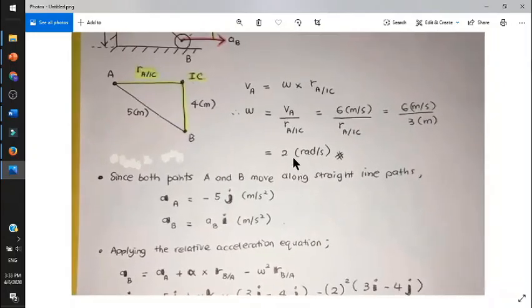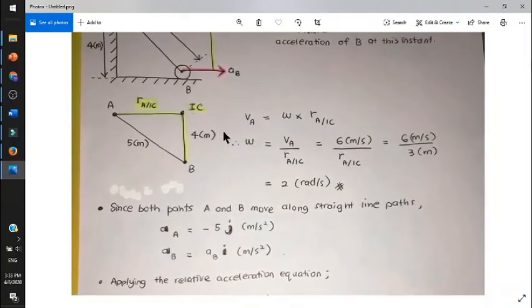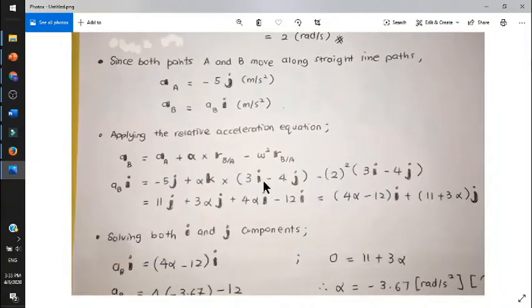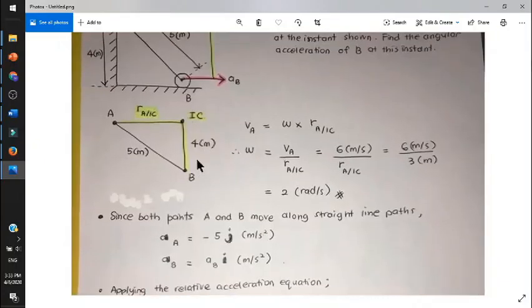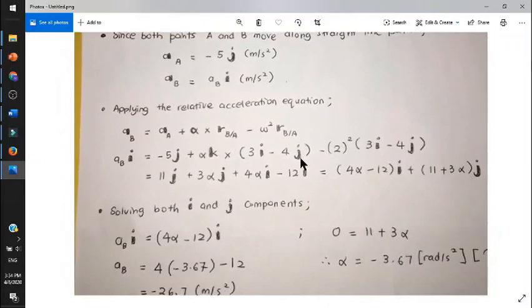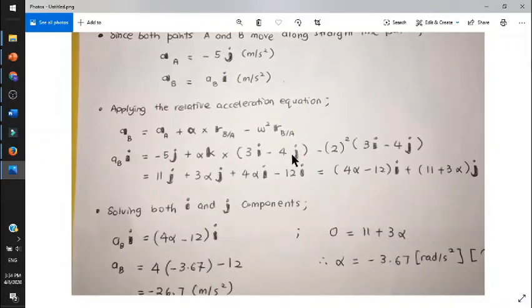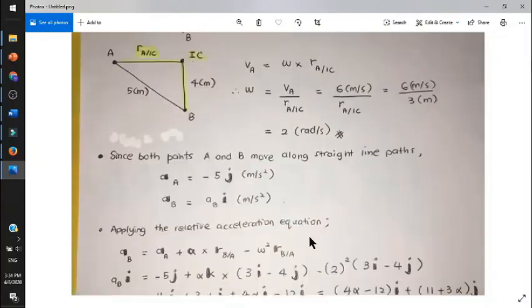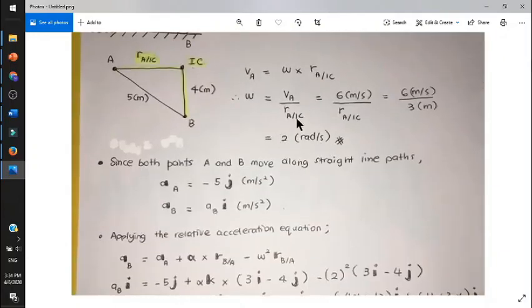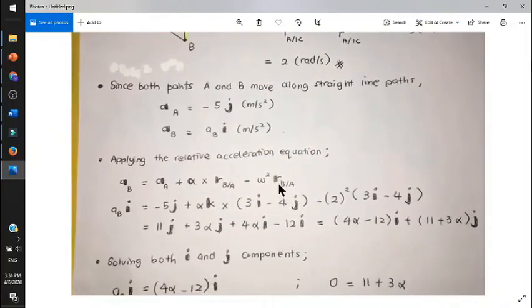How do I get RBA? 3 positive I, minus 4 negative J. Then minus 2 squared, omega A which we found just now, 2 radian per second, times RBA. Again, you substitute 3I minus 4J.